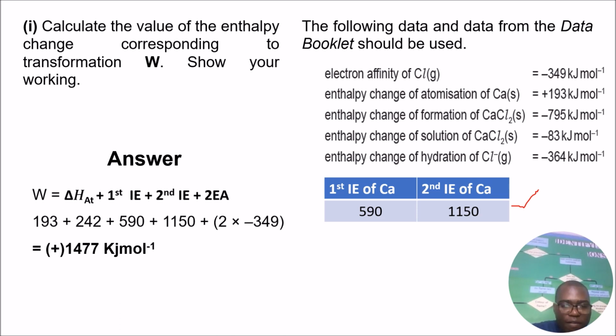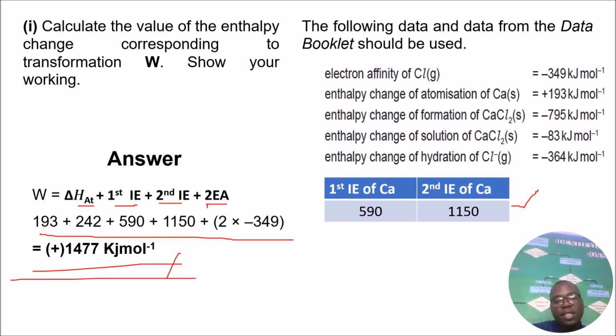So we have the atomization, the first ionization energy, second ionization energy. Then on the electron affinity, because there's a 2 in front on the diagram, that's why we have to multiply by 2. So you substitute, you are going to have these values, and then you have your final answer as this one here.